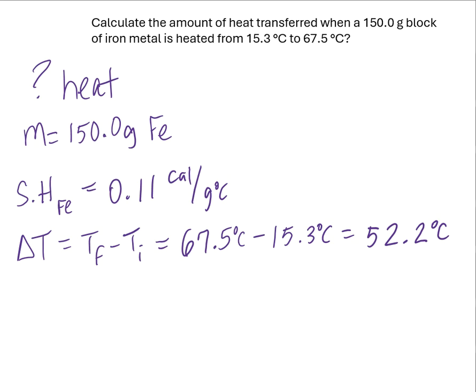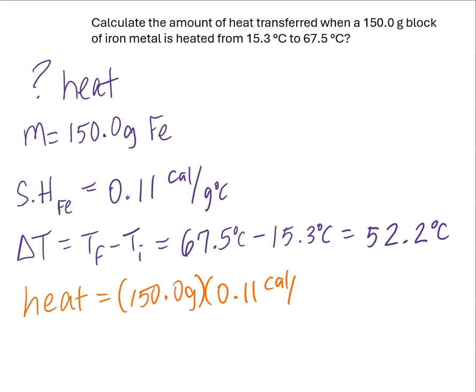Because recall, our heat was equal to the mass, and we determined that to be 150.0 grams times the specific heat, 0.11 calorie per gram degree Celsius, times the change in temperature, 52.2 degrees Celsius. And so now we have everything set up.